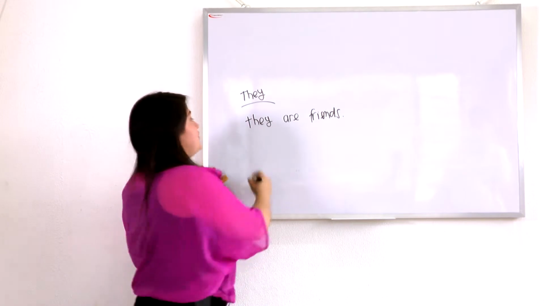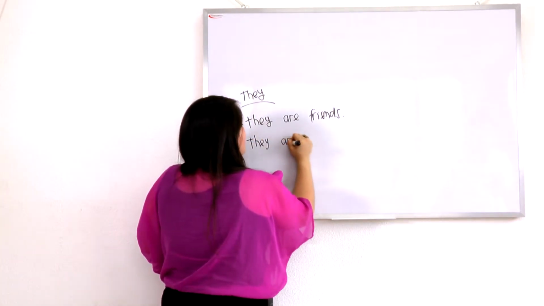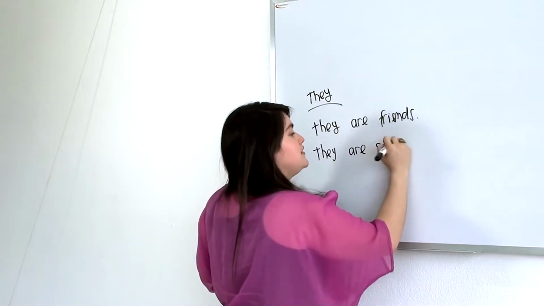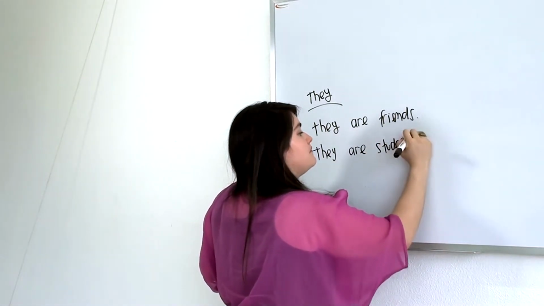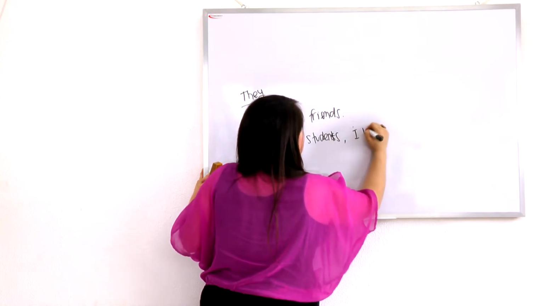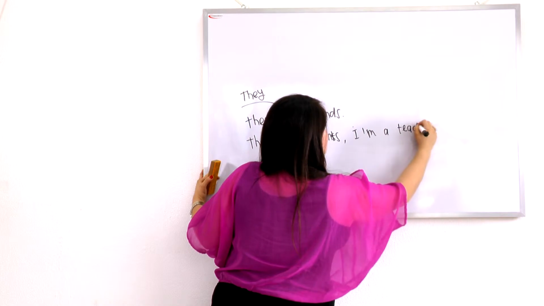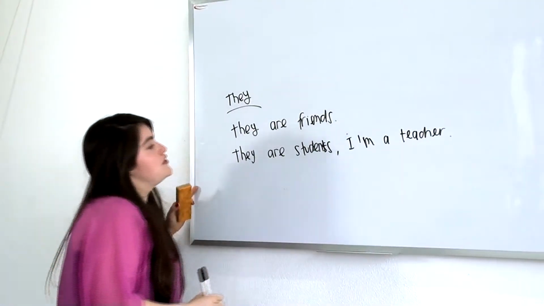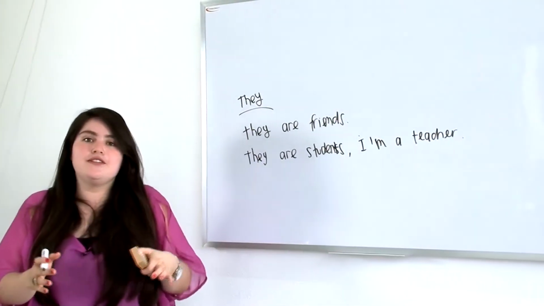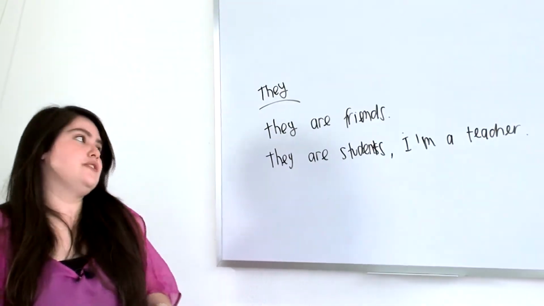And the other one, for example, is they are students. I am a teacher. So I am telling that a group of persons are students, but I am the teacher. So I am not part of the students.